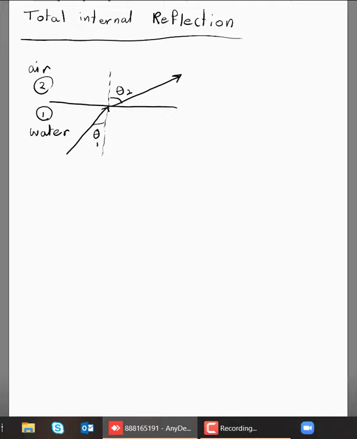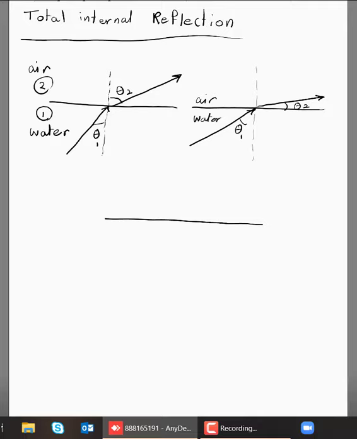Now, if the same ray goes from water to air, but now with a bigger angle, so if this is theta 1, then of course it will bend more, right? Now, what happens if this light, let me draw it again, from water again to air.